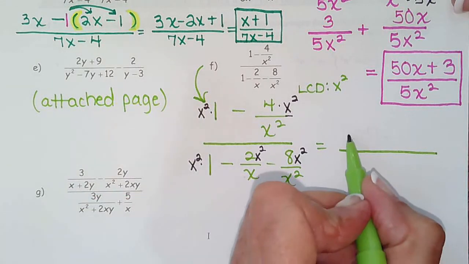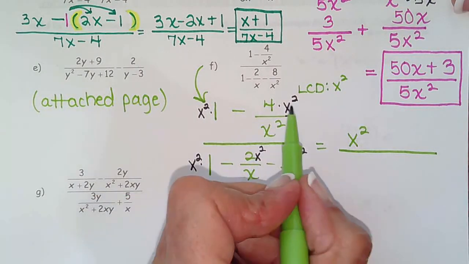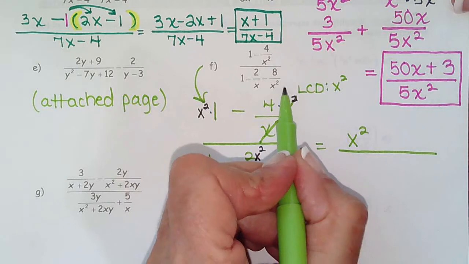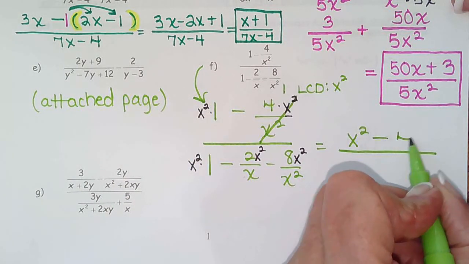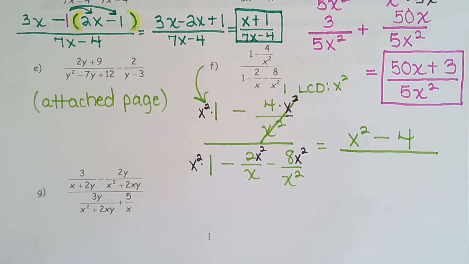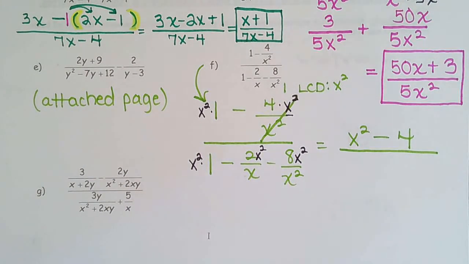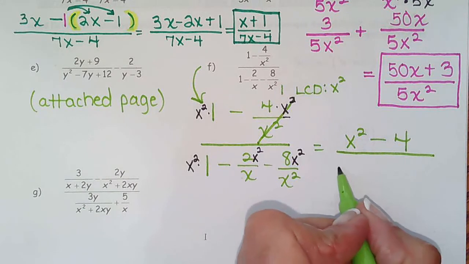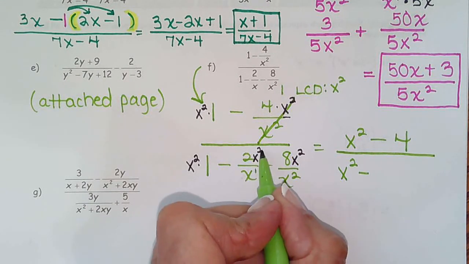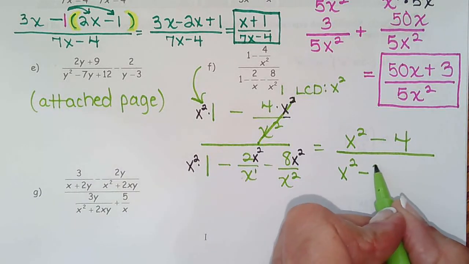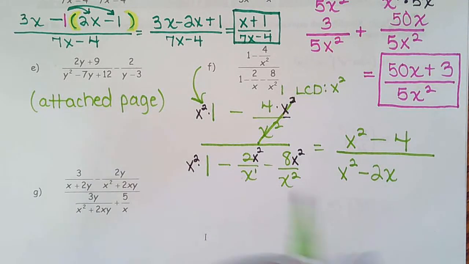So x squared times 1 is x squared. X squared divided by x squared is 1, so I'm just left with minus 4. Whoa, look at that beautiful numerator. Nice. And denominator, x squared minus, so 2 minus 1 is 2x to the first.